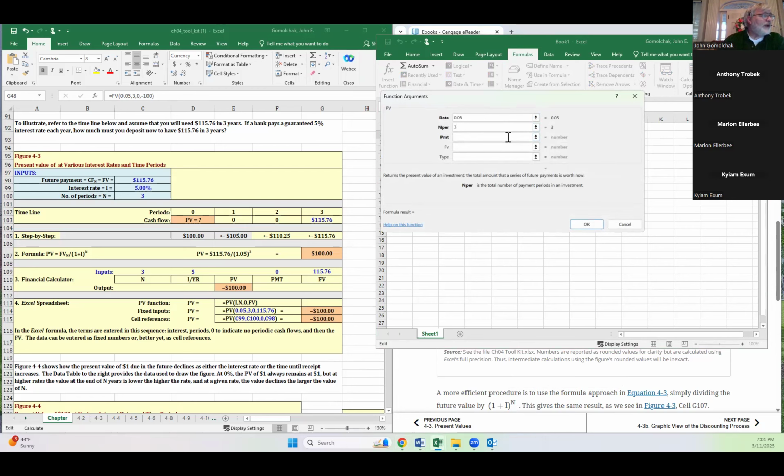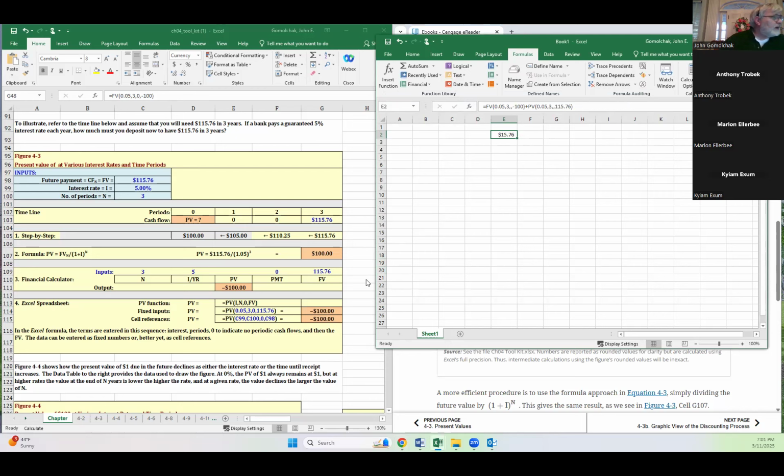Once again, we don't have any payments. This is not an annuity, so we can use this same function. If we have annuities, we'll just end up with numbers in here. The future value we know is 115.76. Type, once again, if it was an annuity due, we'd put a 1 in there. We're not going to put anything in there because that's not what this is. We hit OK.